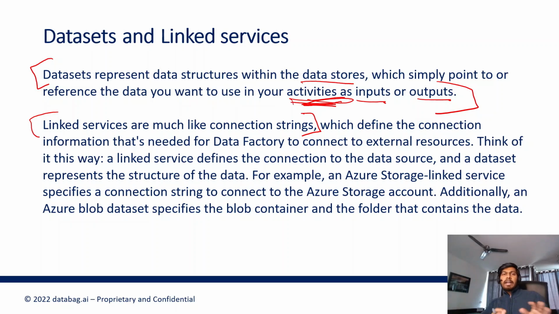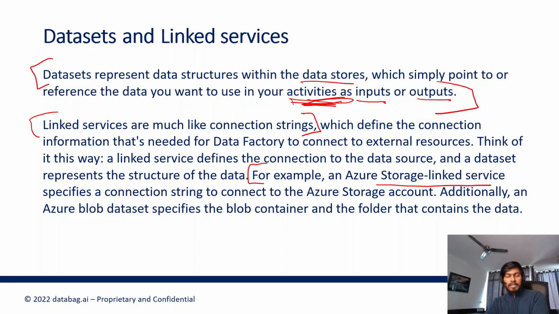If I take another example, which I've also added here: an Azure storage service, when I say Azure Data Lake. To connect to Azure storage service, you need to know the storage account details, and also the connection strings, like the key and the password, for example.